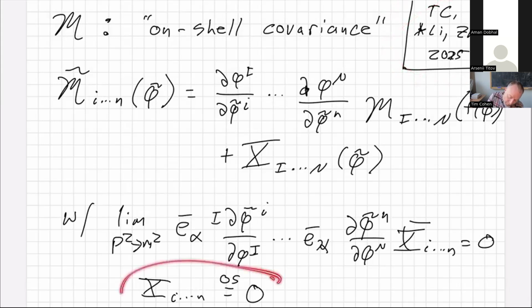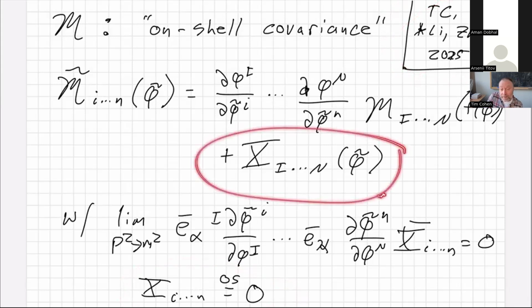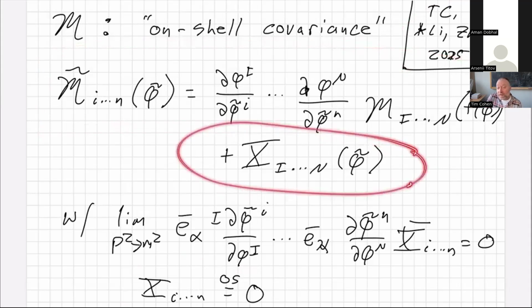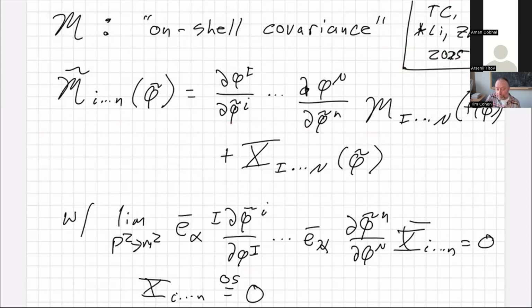Okay, so in that paper, we introduced this notation, which just means that there are these extra terms that show up in the transformation when you take a field redefinition and plow through and do the new computation. What you find is a tensor-like structure, but you also find this other stuff that only vanishes on shell. It didn't have to be like that, but at a minimum this had to be true, because we know for sure that the on-shell amplitudes are themselves invariant.